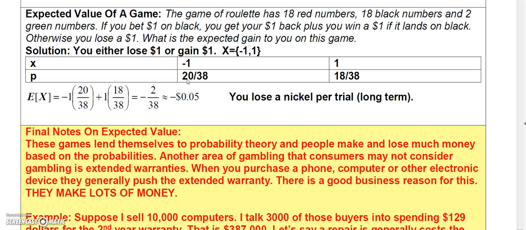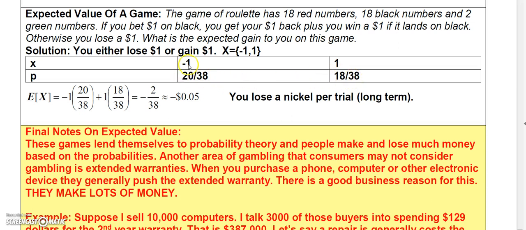It could land on the 18 red spots or the 2 green spots, so that's 20 places it could land out of 38. So the probability that you lose $1 would be 20 out of 38. Now the probability that you win $1, there's only 18 black spots that it can land on that will win you money. So that would be 18 out of 38.